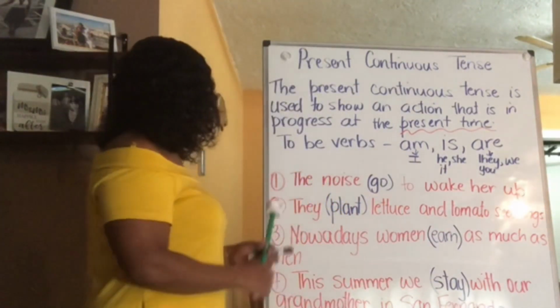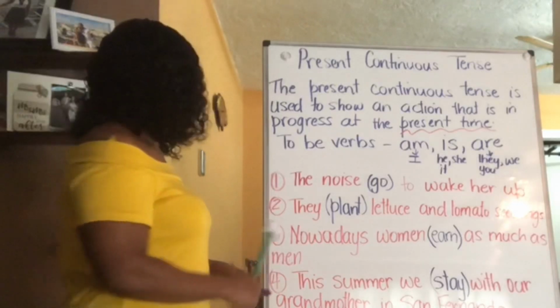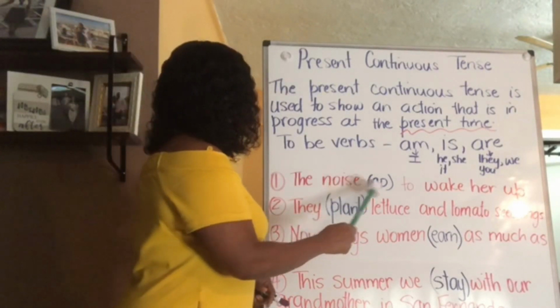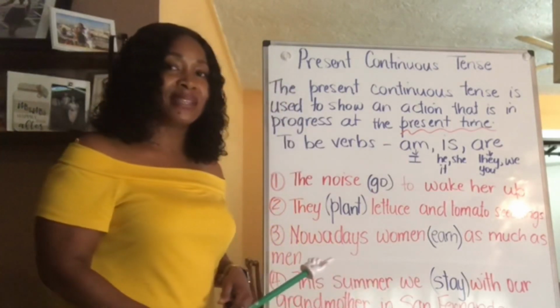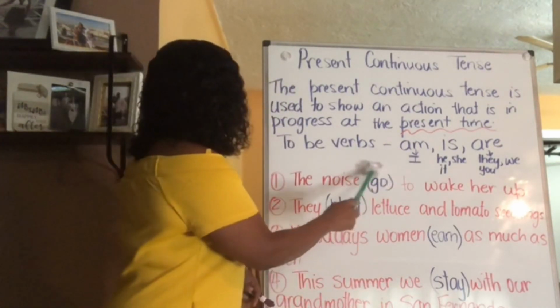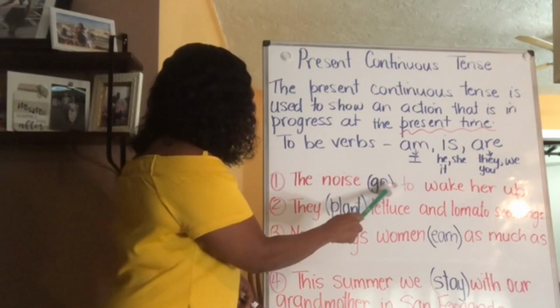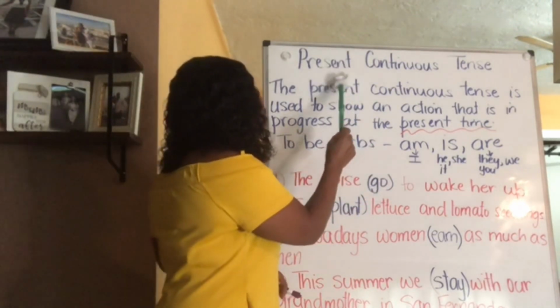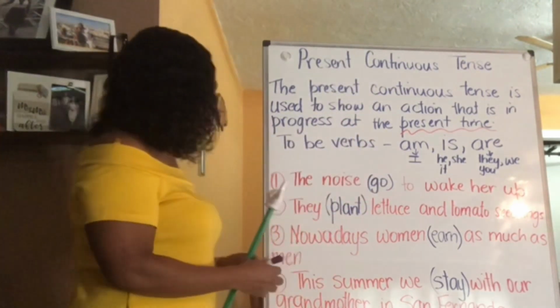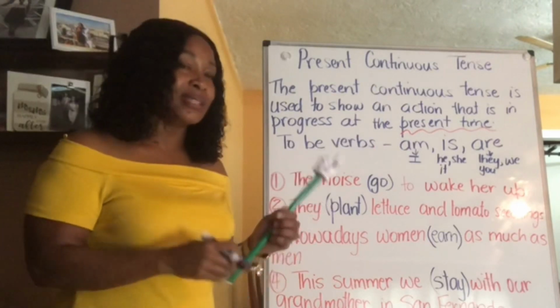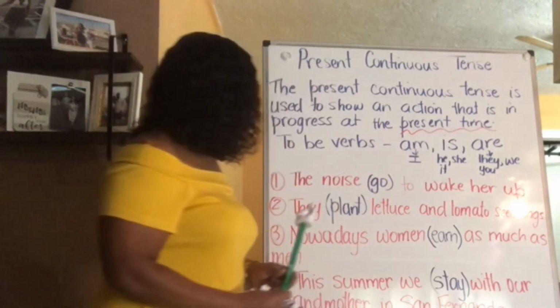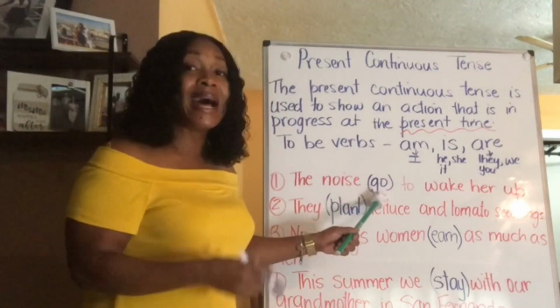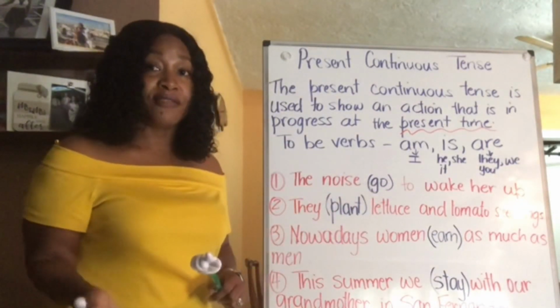So let's look at the first sentence. The noise go to wake her up. I'm sure that doesn't make sense to you, but the main verb is go. We need to change it to the present continuous. Now remember, we need an auxiliary verb, am, is, or are, and then we're going to add ing to the main verb.